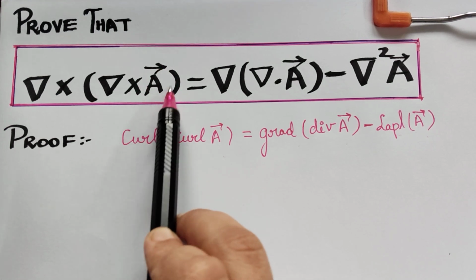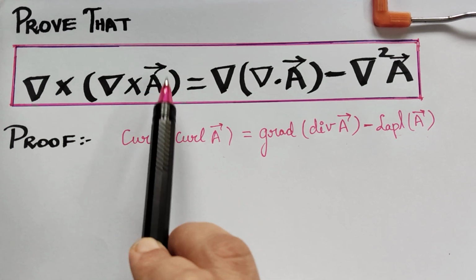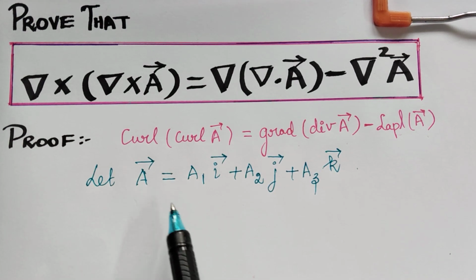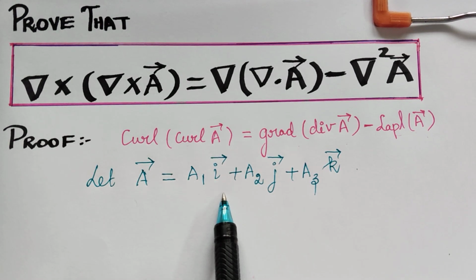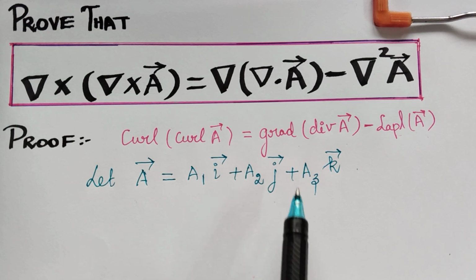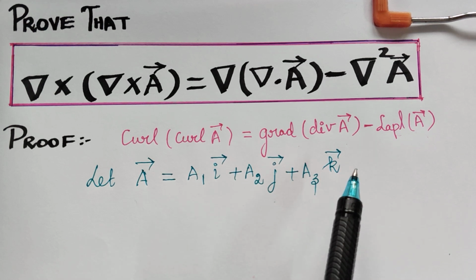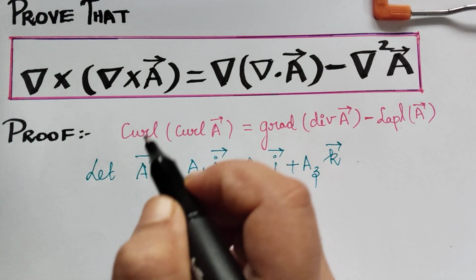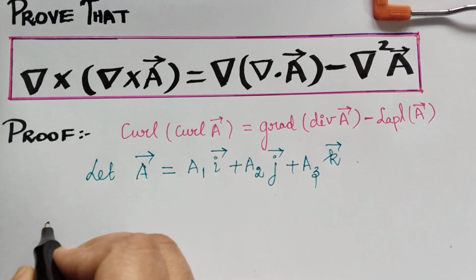So what is this A vector? A vector is a vector point function which can be taken as A1 i vector plus A2 j vector plus A3 k vector. Now as the first step, we shall find nabla cross A vector, that is the curl of A vector.